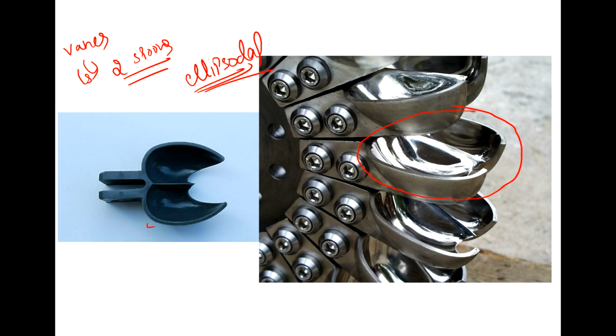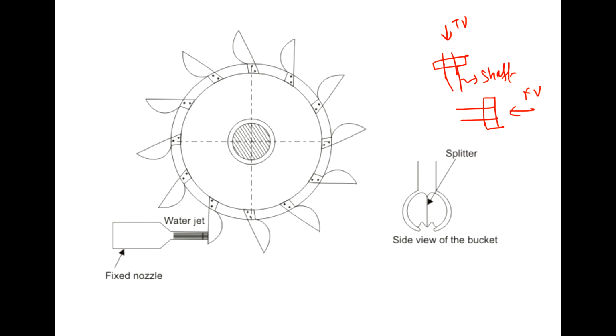This is the splitter. The fluid is going to flow over this, and the fluid is going to flow over this. Now we will go back and see the view of that particular vane which I explained. Sometimes they call it a bucket, or sometimes it is called vanes.